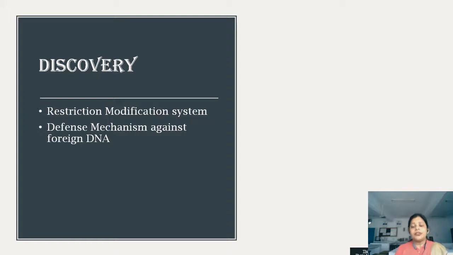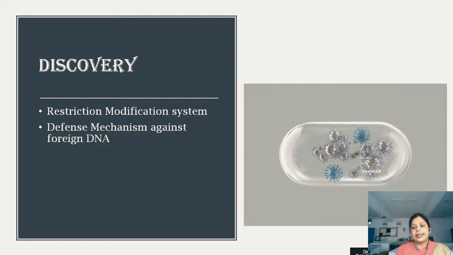For example, if a bacteriophage infects bacteria, bacteriophage you know is a virus that infects bacteria, the restriction modification system degrades the bacteriophage DNA before it can damage the bacteria. So you can see a bacteriophage enters, injects its DNA inside the bacterial cell, and that DNA is immediately degraded by this restriction modification system.